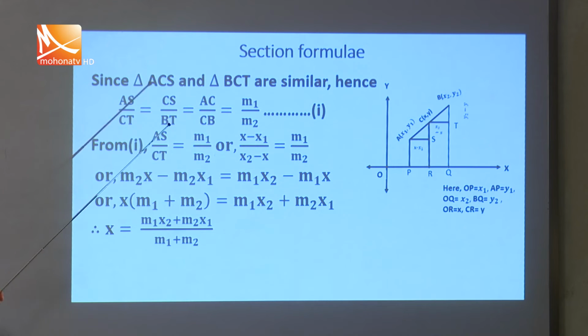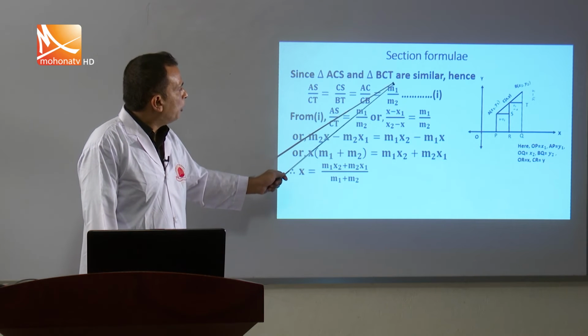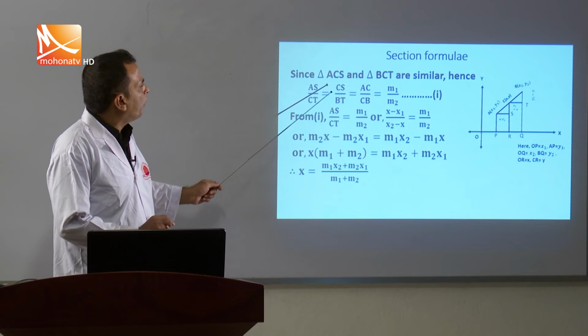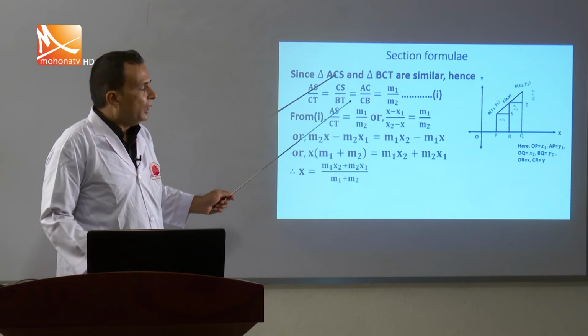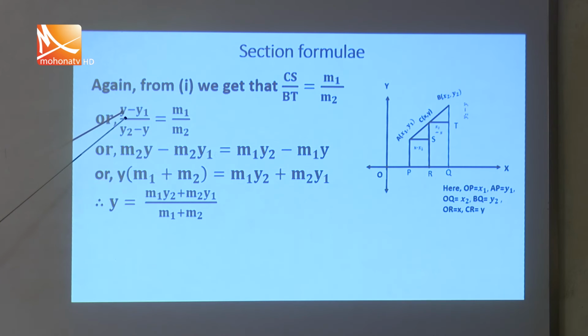Again you just see that if we write down CS by BT equals m1 by m2, and if we put the value of CS and BT, then by making calculation y equals (m1 y2 plus m2 y1) by (m1 plus m2). This is the internal section formula.